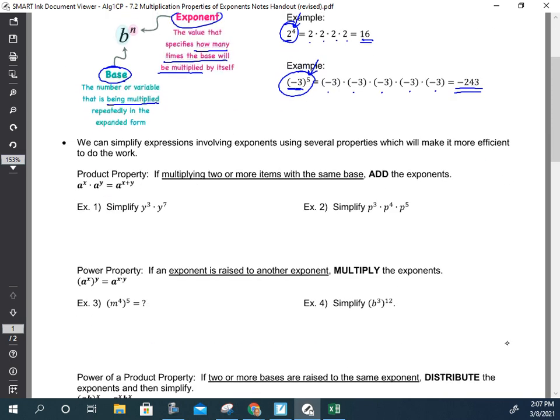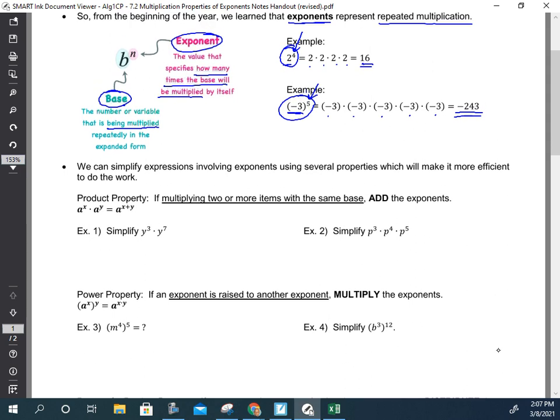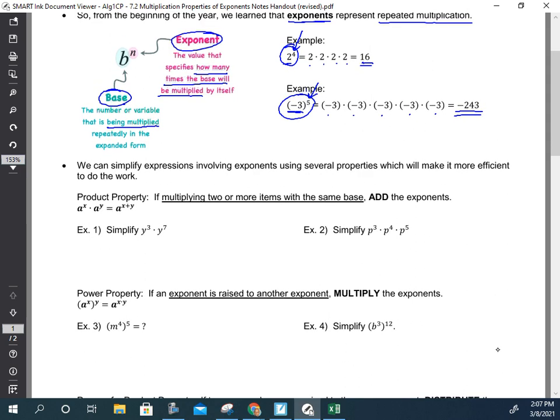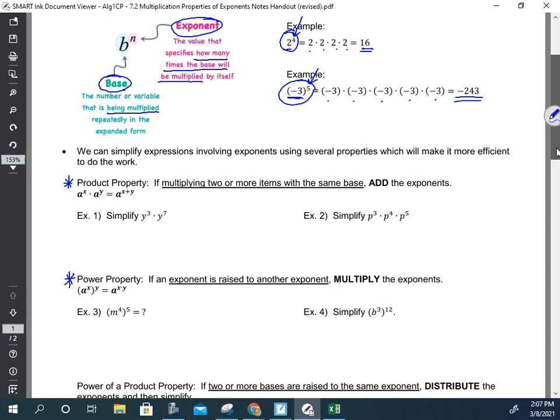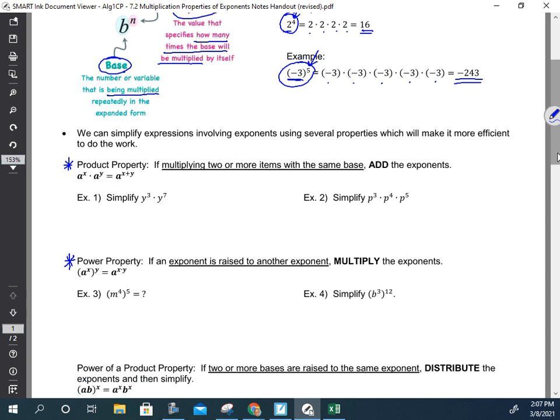So with that, let's go just up there. So there are 3 properties that we're going to work with. One of them is the product property. One of them is the power property. And one of them is the power of a product property.